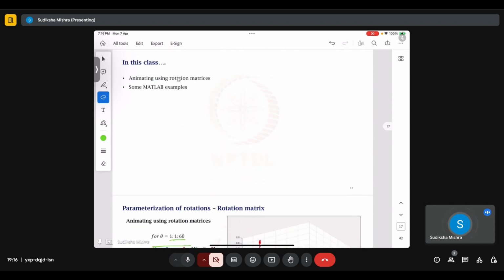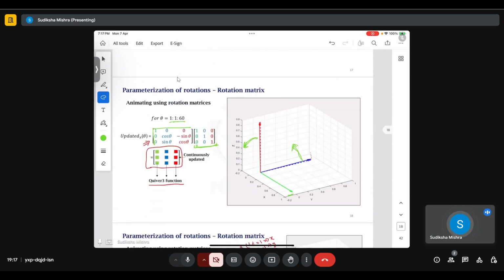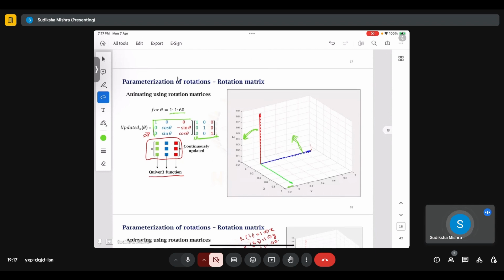Now that you know what rotation matrices are, how would you animate it?